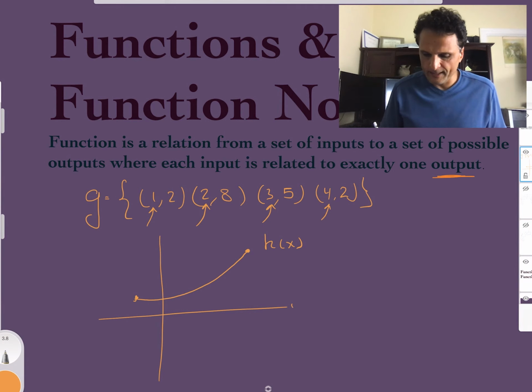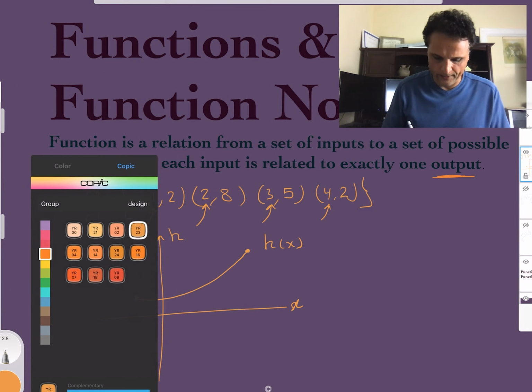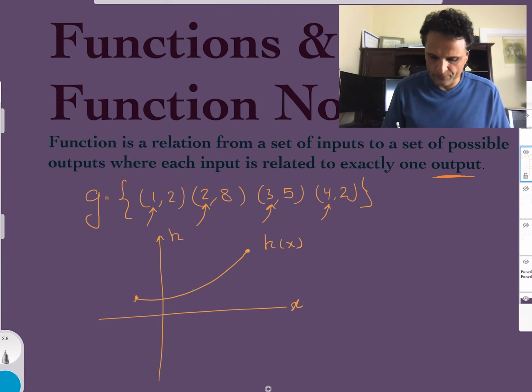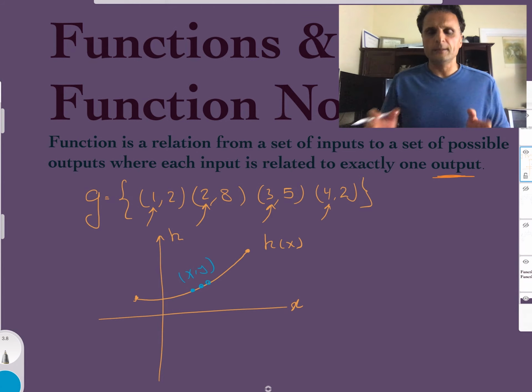So this is x, which is the input to the factory, and the y here will be h. So inside of this graph, we have points, x and y. For example, each point has different x and y. How do we know that this h of x is a function or not?